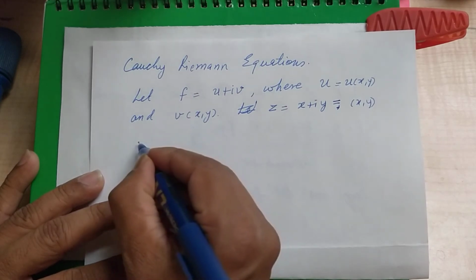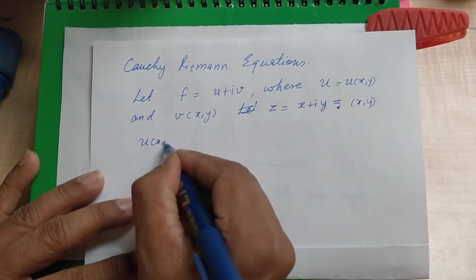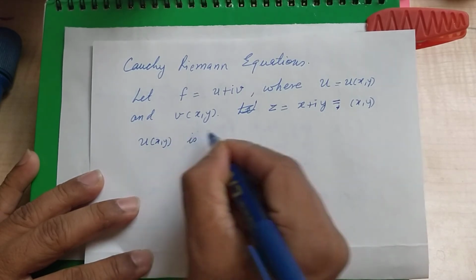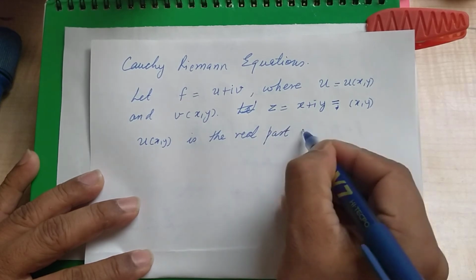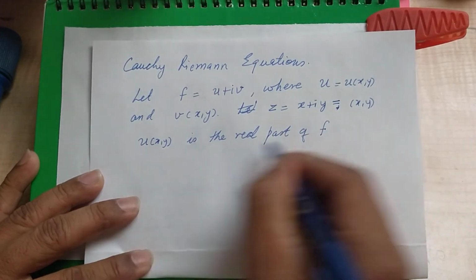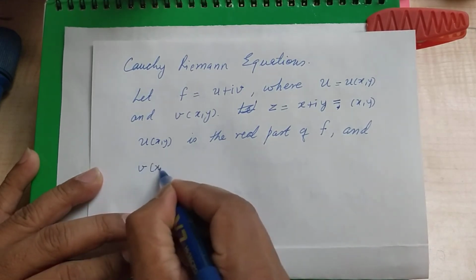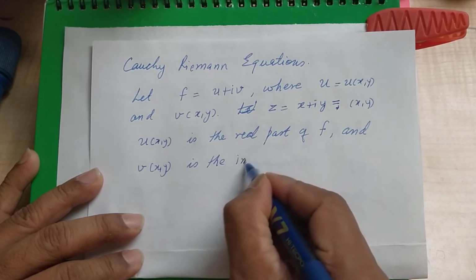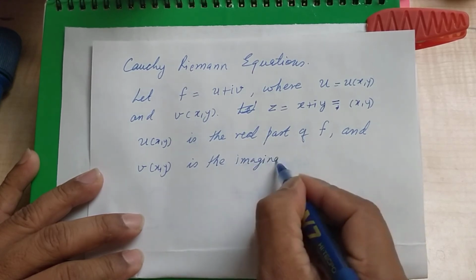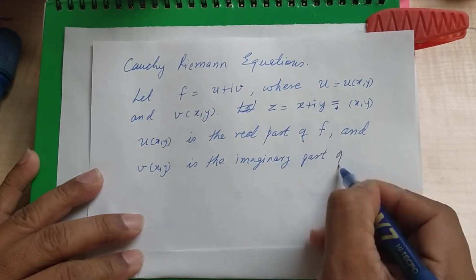And what one is saying is that u is the real part and v is the imaginary part of f.